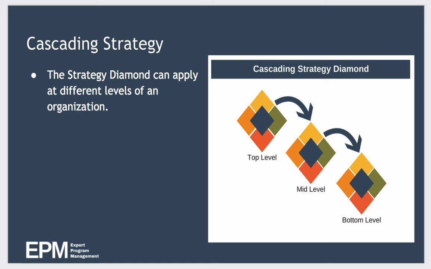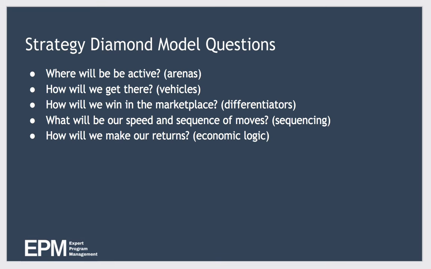Now, the organization can repeat this at every level of that organization, and in this way, the strategy cascades throughout the entire organization, forming an integrated strategy at all levels of the organization. Now, the beauty of the strategy diamond is that it can apply whether you work for a company with 100,000 employees or whether you're just one solo employee in your own company.